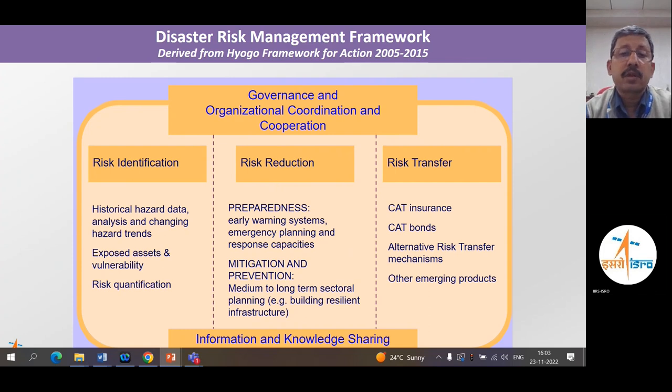Risk reduction involved the preparedness, early warning system, emergency planning, response planning, and increasing their capacities, and also the mitigation and prevention. And the risk transfer was through various mechanisms like insurance, bonds, or other alternative risk transfer mechanisms. And to realize this, it was basically through the information sharing and capacity building.